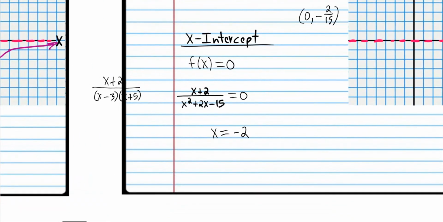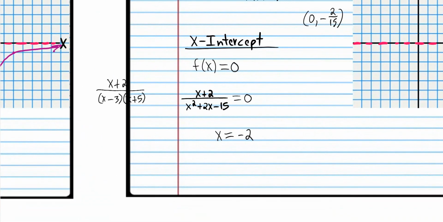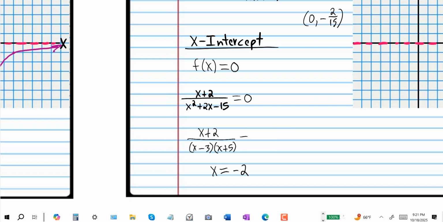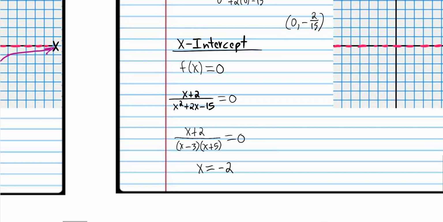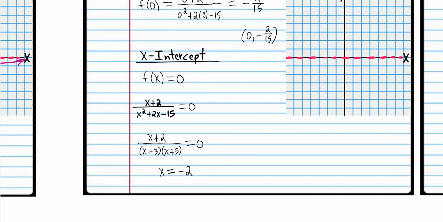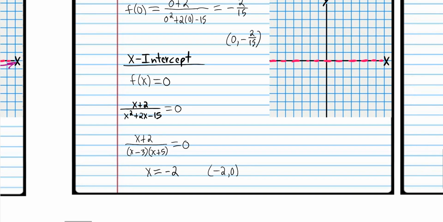You have to really be careful about not confusing those two scenarios. So when x equals -2, we have an x-intercept. So the x-intercept occurs at -2, 0.